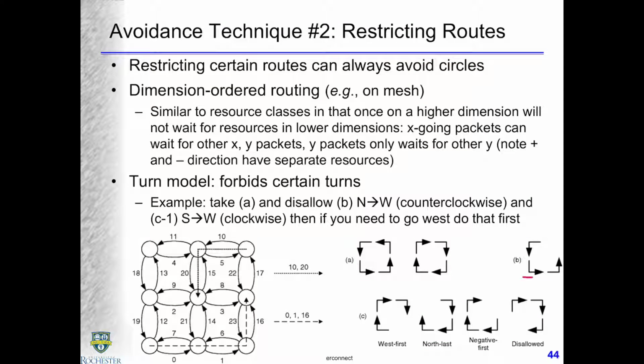And let's see why. Again, this one says if you're going north, you cannot turn west. Not allowed to turn west. And this says if you are going west, you cannot turn north. So once you're going west, you cannot turn north.